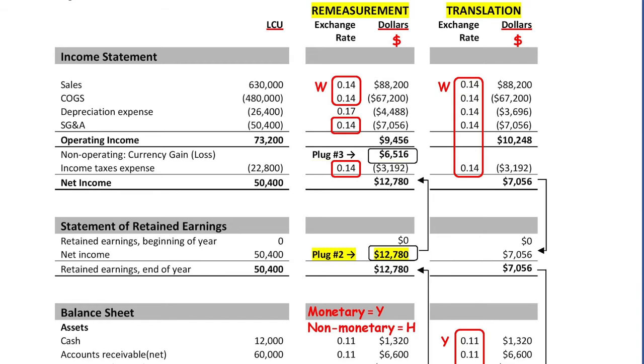Now after remeasuring all the income statement items using the net income of 12,780 that's flown in from the statement of retained earnings, we calculate our highlight plug 3, which is $6,516. So that's the gain on remeasurement, which comes as non-operating income on the income statement.